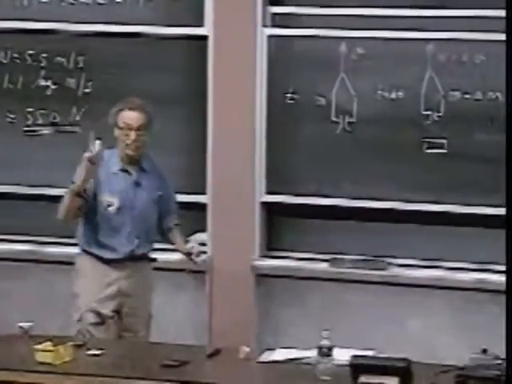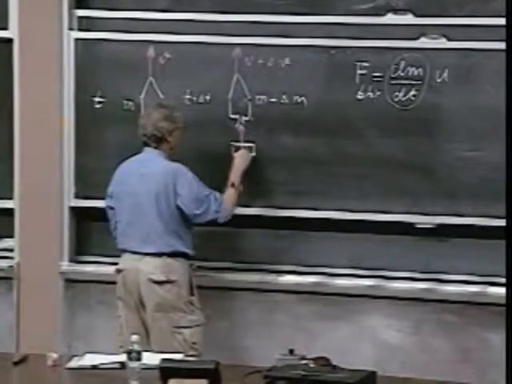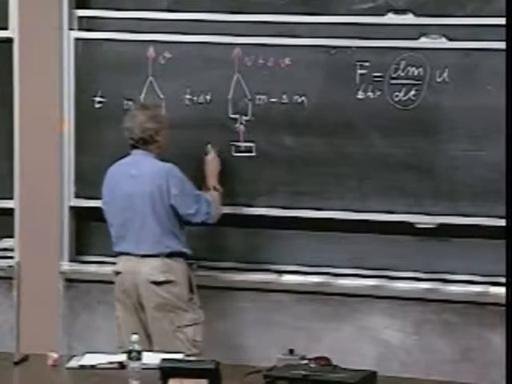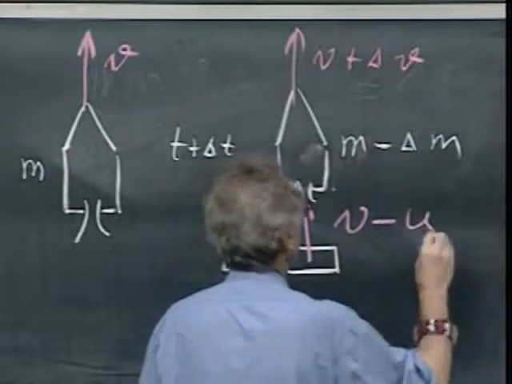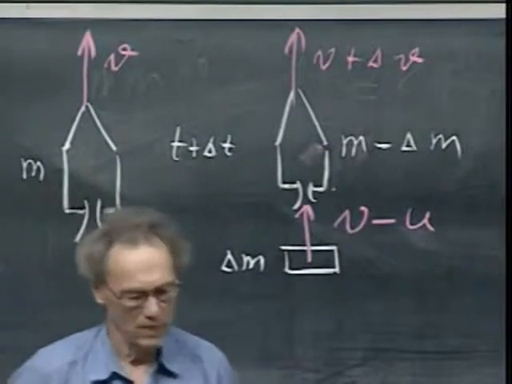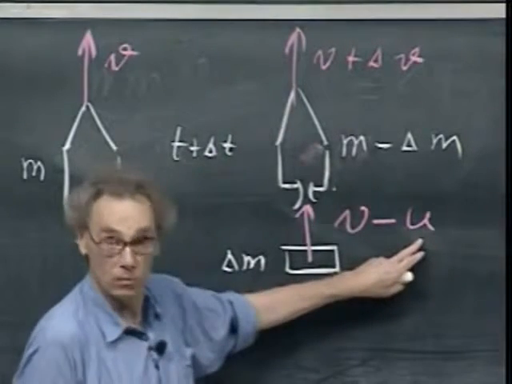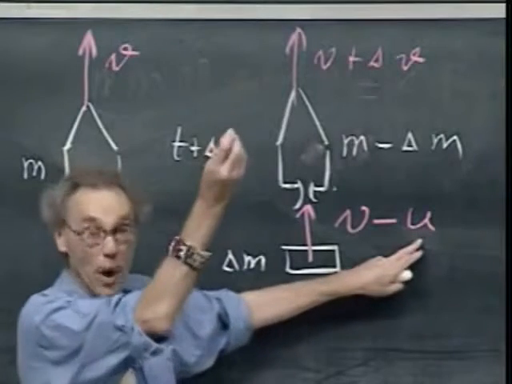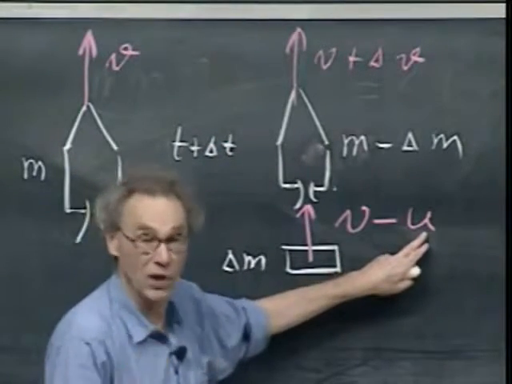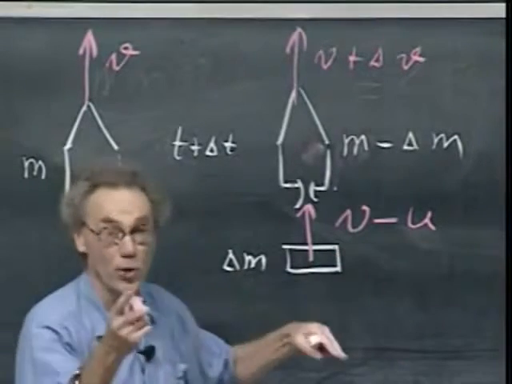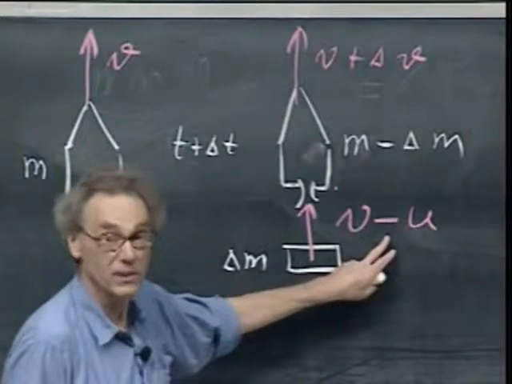So you in 26-100 will see the velocity of this little piece delta m. You will see this to be v minus u. If the velocity of the rocket is larger than u, could be, you will see the exhaust going up from your frame of reference. If the velocity of the exhaust is larger than the velocity of the rocket, from your frame of reference you will see it go down. That's taken care of in the signs.